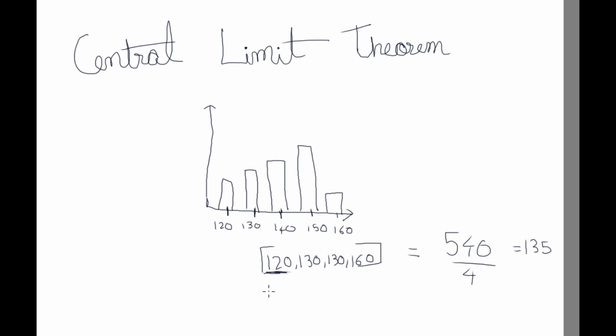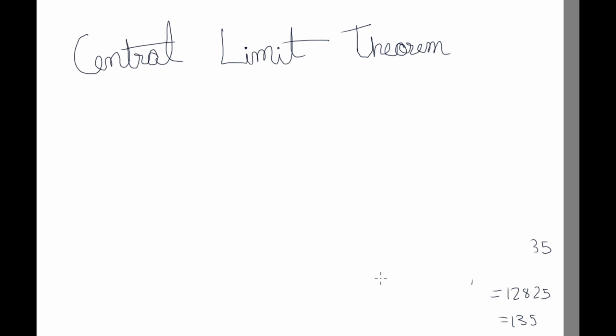Now say we take a large number of such sample sets of similar size 4 and find the averages. Say the average could come out to 128.25, another 135, etc. Now, if we take this data of averages of heights and plot the distribution of these on a graph, we start to notice a pattern.